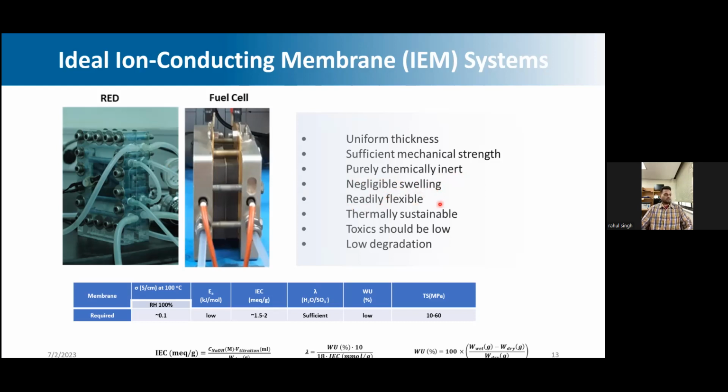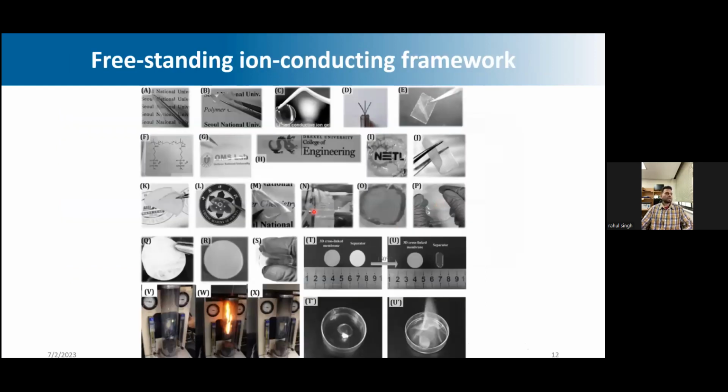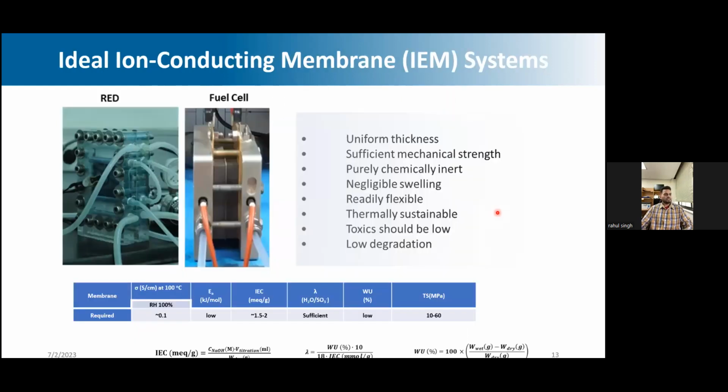Readily flexible membranes are very flexible, as I show here. These are very flexible membranes, with a tensile strength of around 40 to 60 megapascal. Toxicity should be low, and degradation should be low. These are some parameters we look into before finalizing any membrane.